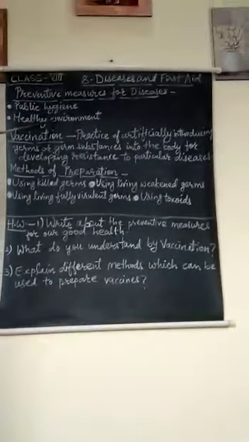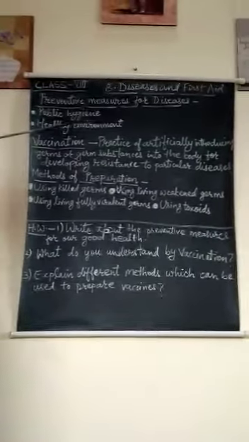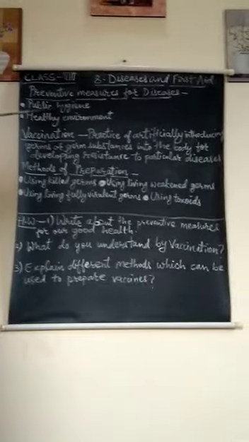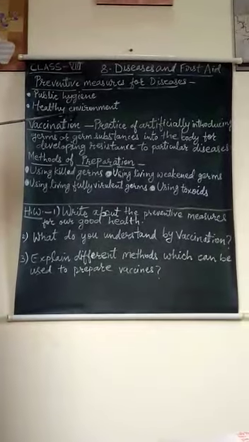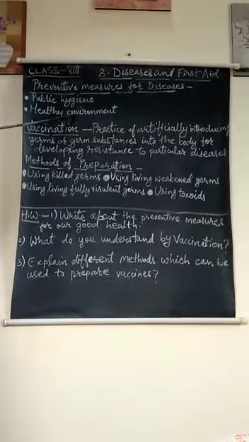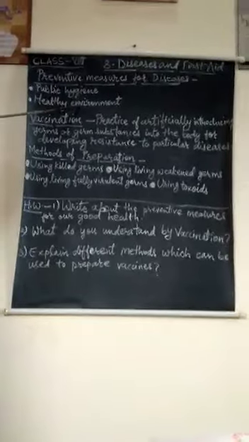So, stagnant water is the best breeding place for mosquitoes. So, we should take care that there should be no stagnancy of water in our surrounding, because that provides a good breeding medium for the mosquitoes.